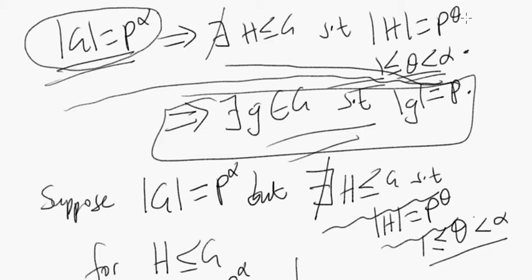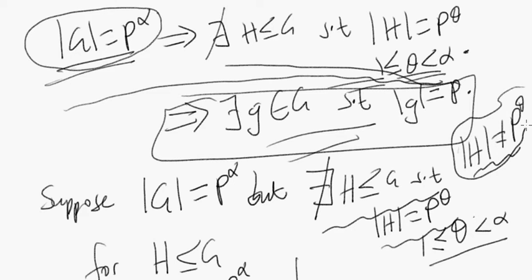And if actually the order of H never equals p to the theta, and we're able to obtain a contradiction from this statement, what would that enable us to conclude? Will we be able to conclude that there must exist some H whose order is p to the theta?